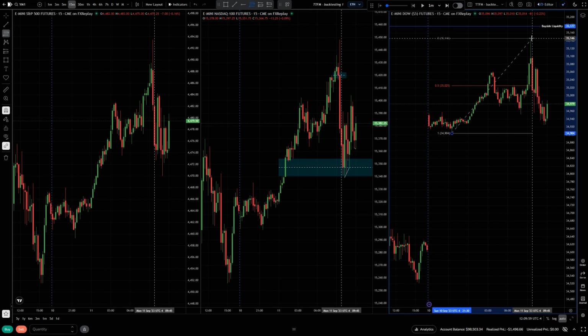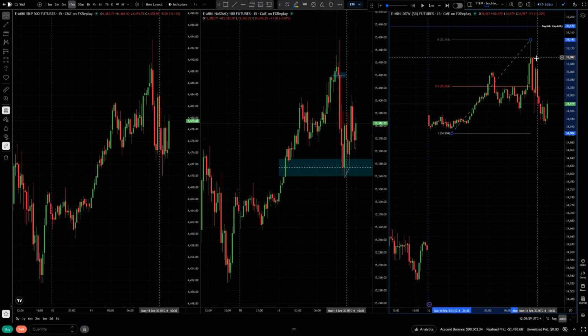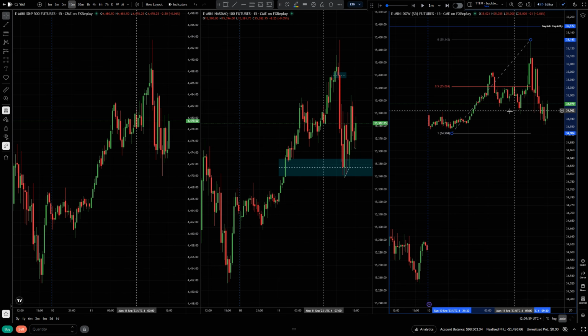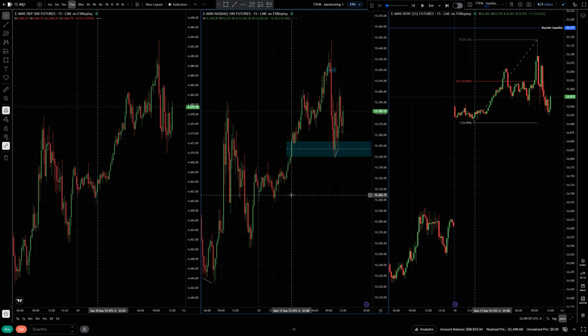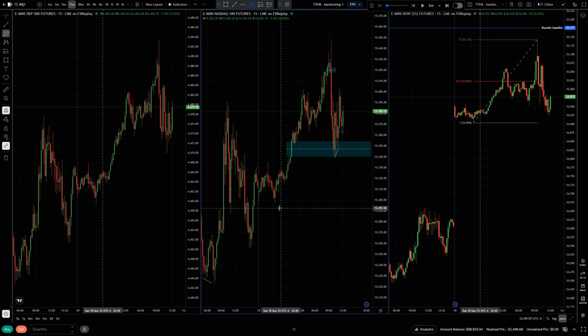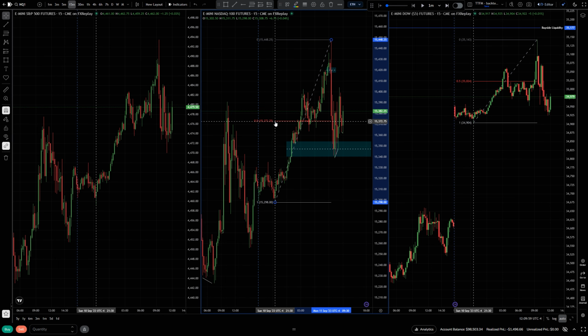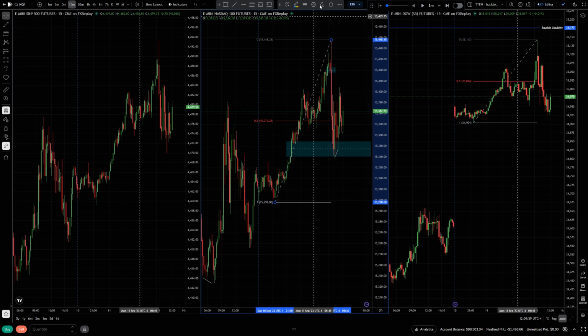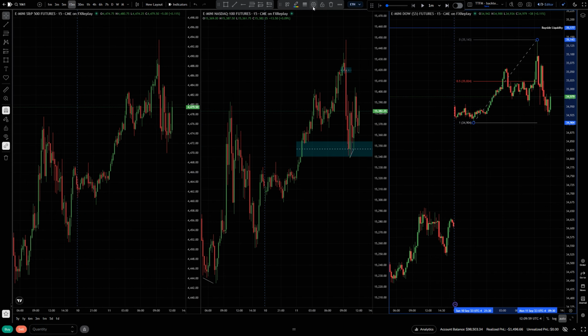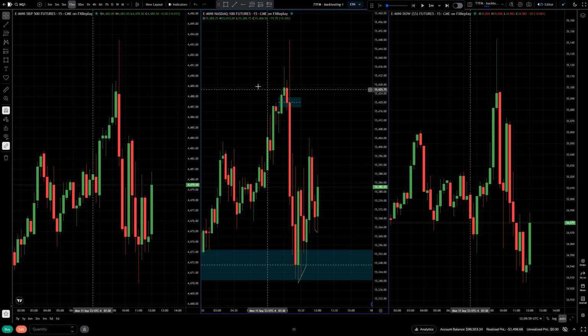If we look at the daily range, we can see that YM is really far down, and NQ for now is above EQ, which is a good thing in terms of strength.